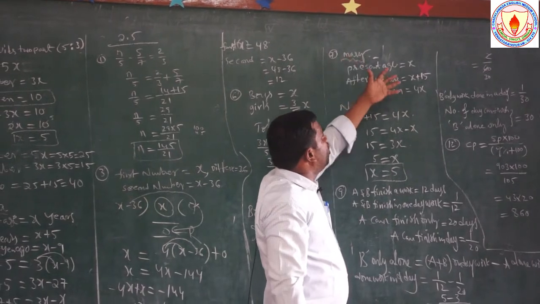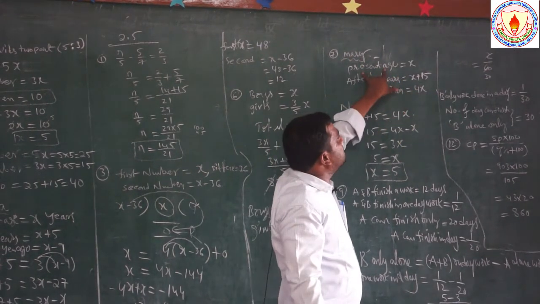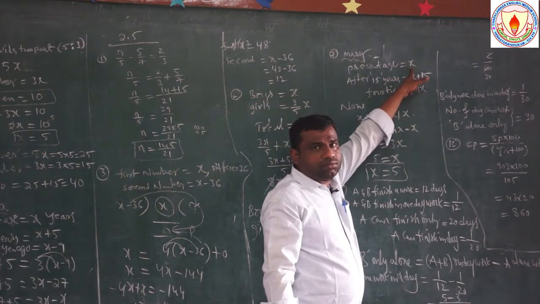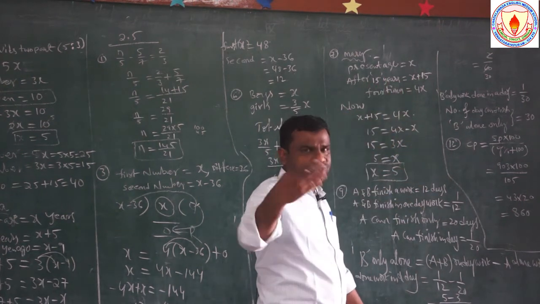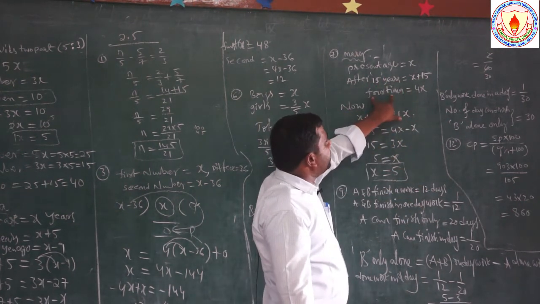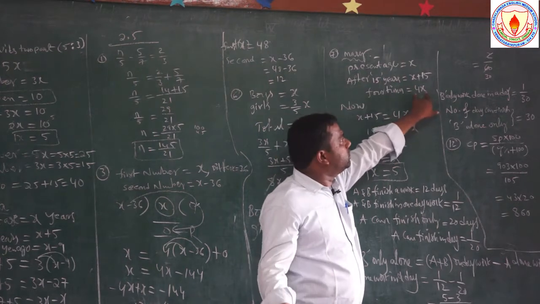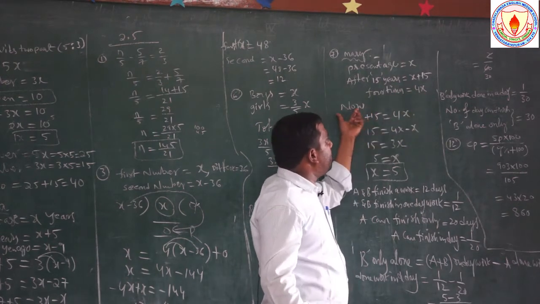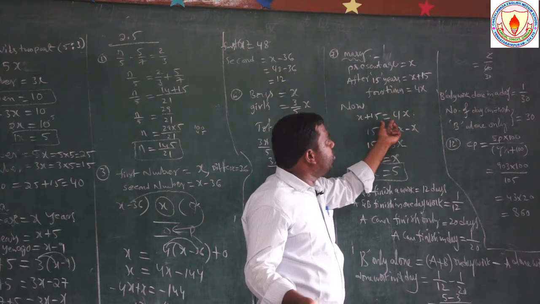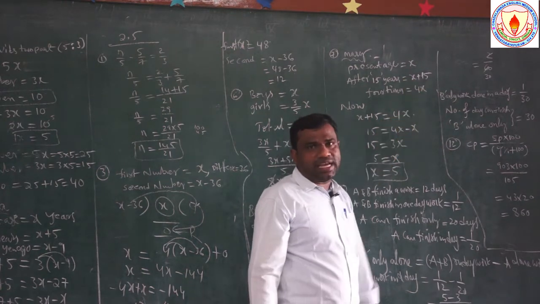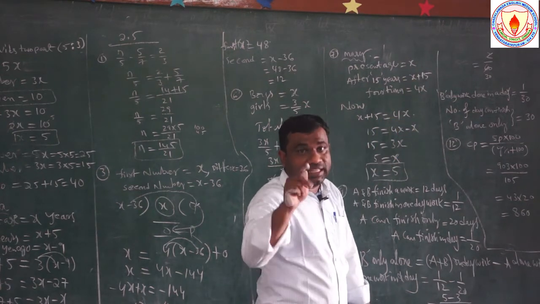And this one, the seventh problem. Mary's age, we don't know. So the present age of Mary is x, and after 15 years means x plus 15. 4 times means 4x. According to the problem, after 15 years is equal to 4 times the present age. That is the information given in the textbook.